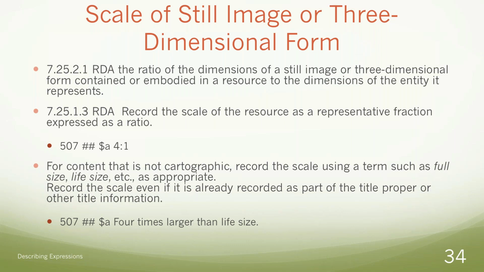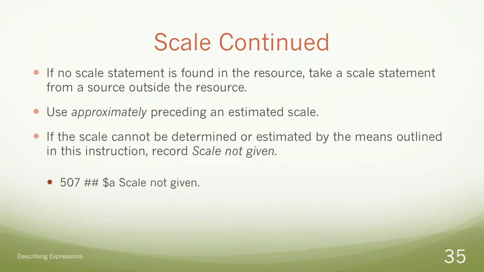So you would see this if you've got something that is, let's say, microscopic, and they give you the scale for that. Go ahead and provide it in a 507 field. If there is something that you know has scale, but scale is not given, you can either approximate that or you can simply say scale not given.